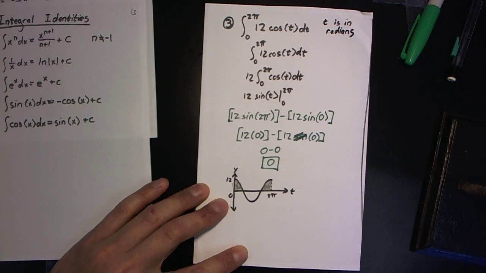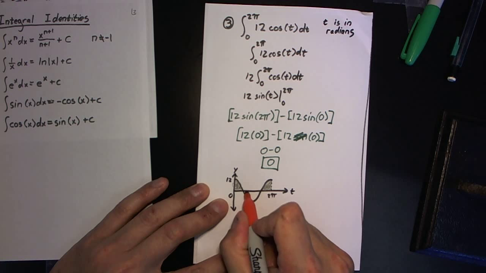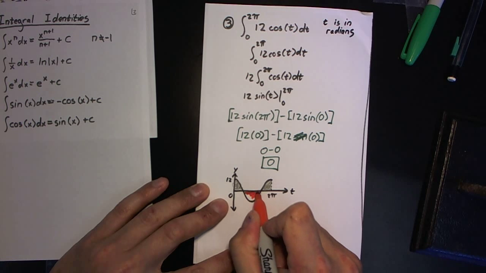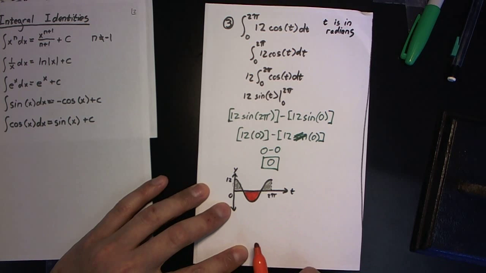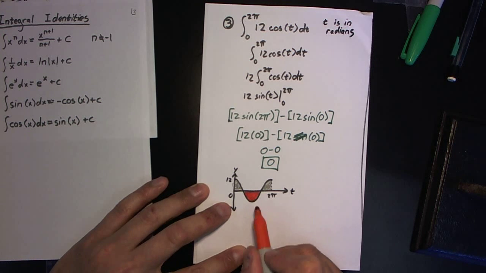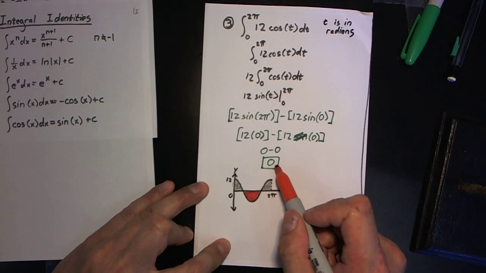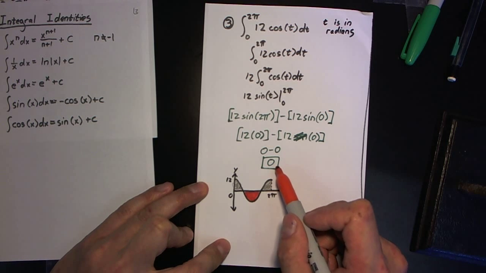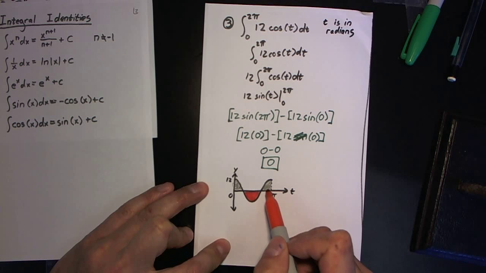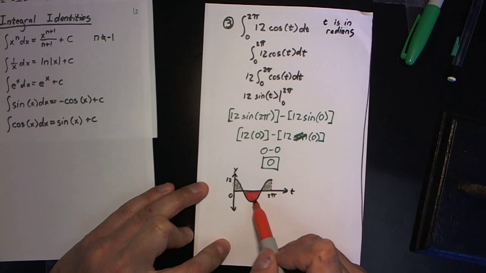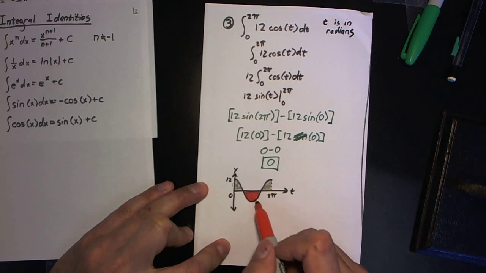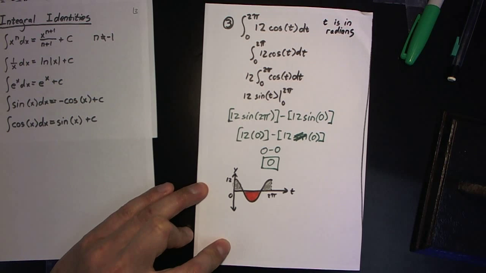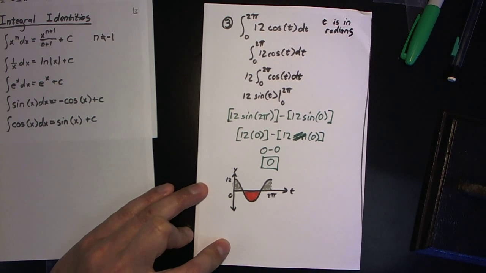And areas below the curve, below the x-axis, are negative. So this orange area I've shaded is negative. And so what this definite integral coming out to 0 means is that the gray areas are equal in magnitude, but opposite in sign from the orange areas. Gray areas are positive whatever, orange area is negative whatever, and when you take the two and subtract them, you get 0.